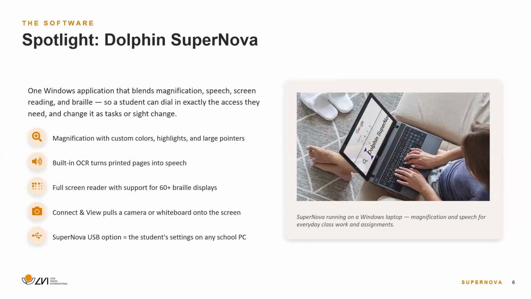The software Supernova is all in one. So it has your magnification. It has magnification with some speech. It has a full screen reader. It has the ability for you to use that screen reader with Braille devices. It also has the ability to connect and pull the content from a whiteboard and place it right on the screen.